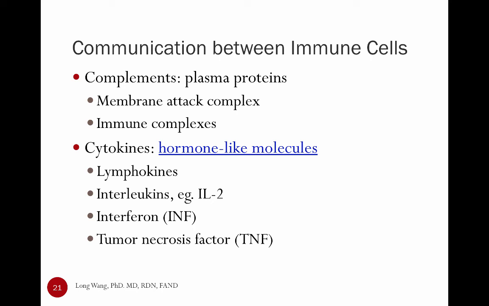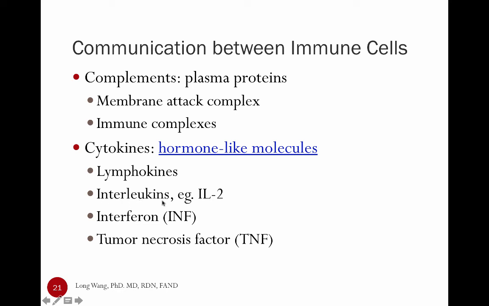The most commonly known cytokines for the immune system are interleukins. Short form is IL, interleukins. So IN indicating it's a protein, leu as in leukocyte, white blood cells, inter, between, among.